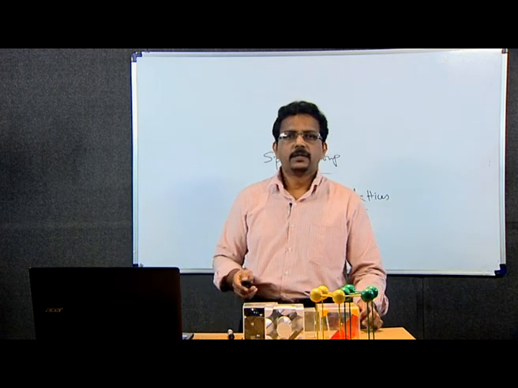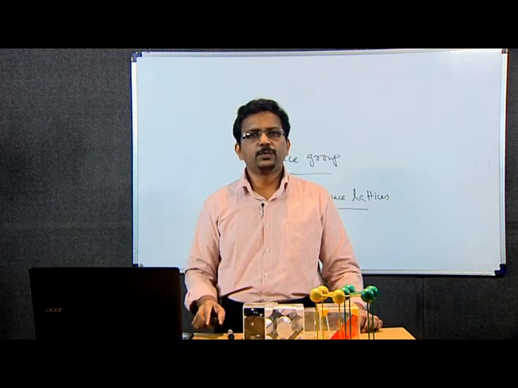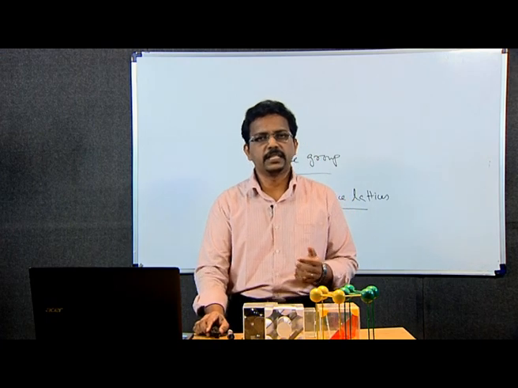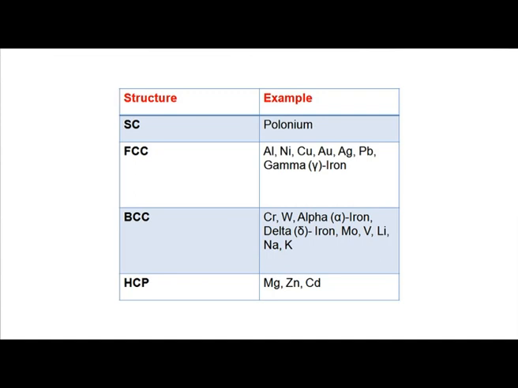So, when we look into these types of crystals, we can see different structures in different materials. Simple cubic structure: polonium is one example. Face centered cubic: aluminum, nickel, copper, gold, silver and lead are commonly crystallized in face centered cubic.